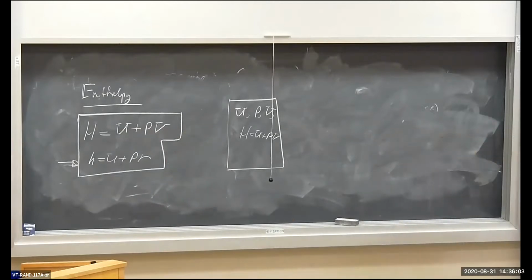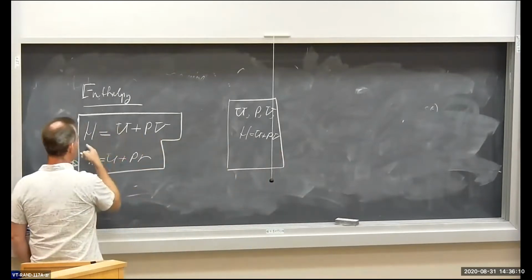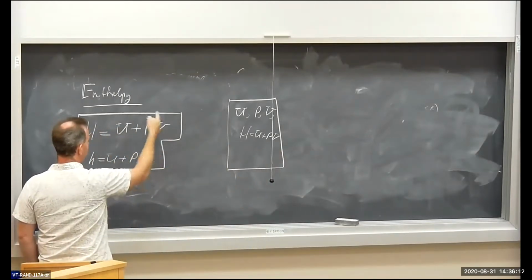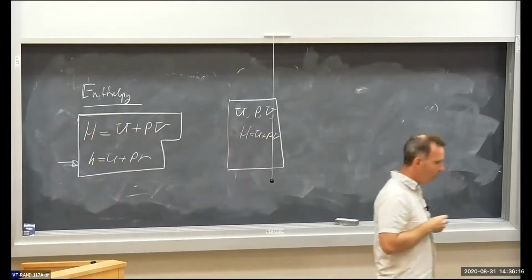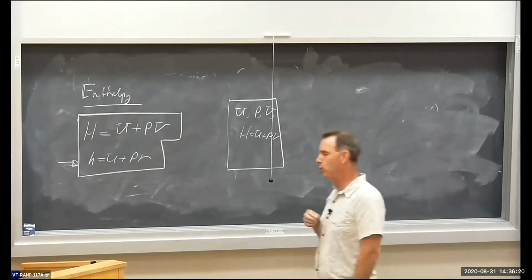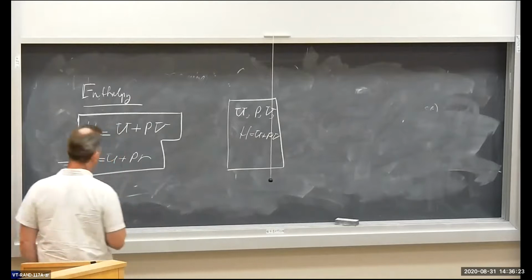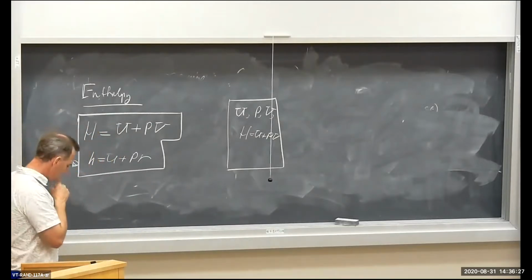And therefore, the product, pressure times volume, is a property of the system. So that means this whole thing is a property of the system. H is a property of the system. So why don't we just give it a name? We will call it enthalpy. We see U plus PV in a lot of places in thermodynamics, so we're going to call it enthalpy.